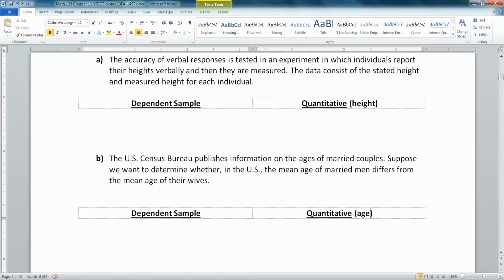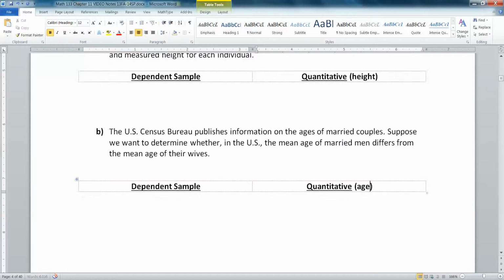It's technically a continuous variable, although we usually round it to the nearest year, which would make it discrete. But the mean age is quantitative. It's a number you're measuring about people. And it's dependent because husbands and wives have a relationship. You're not getting random men and random women. That would be independent. But you're getting people that are connected together. So that is definitely dependent.